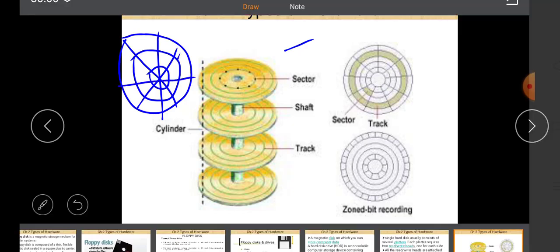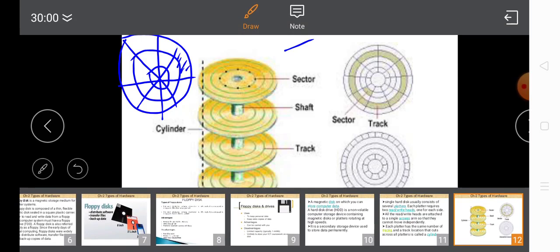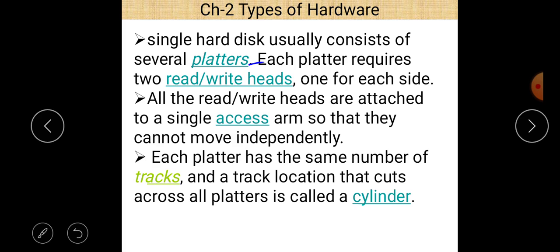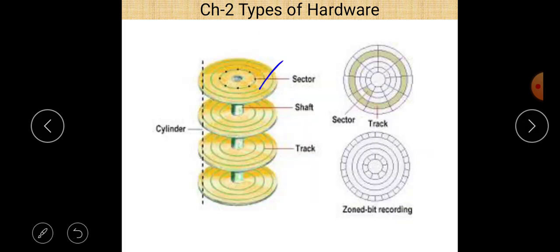So this is a diagram which shows the track and the sector. A hard disk is divided into different disks, or we can say different platters. These are the different platters, 1, 2, 3, 4 platters, and these platters are divided into different sectors and tracks.